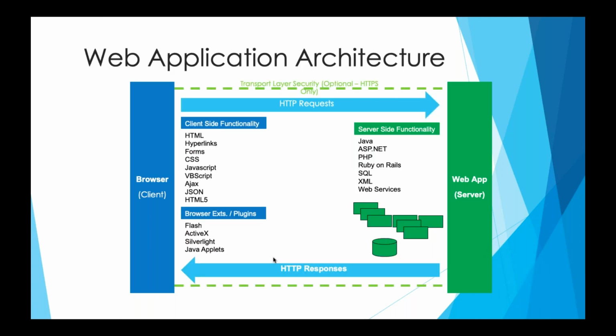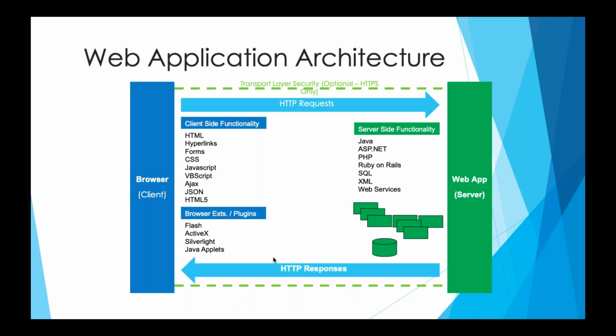Now, this is the web application architecture, and there are certain things you have to understand: what exactly runs on the client side and what runs on the server side. The HTML, if you see that the page is on HTML, it's on your client side. That's what is being loaded on the client side. JavaScript runs on the client side.